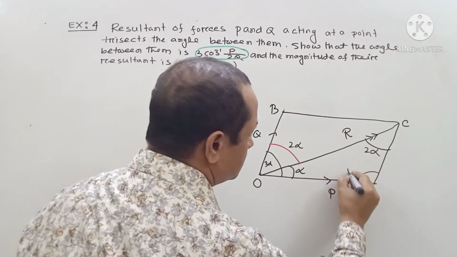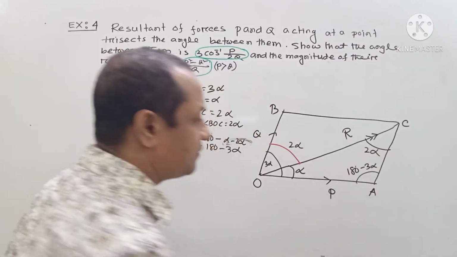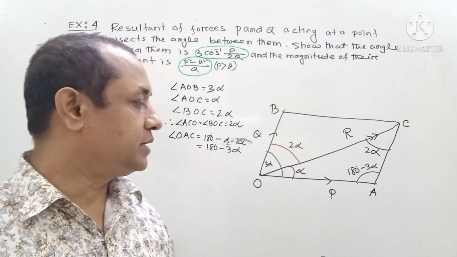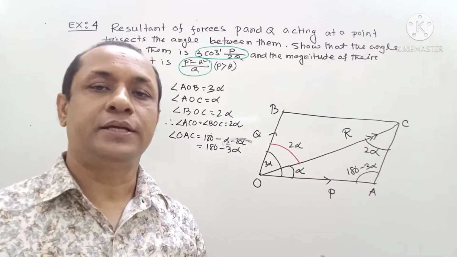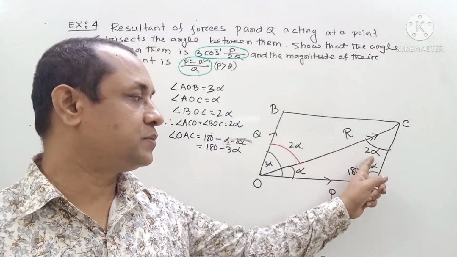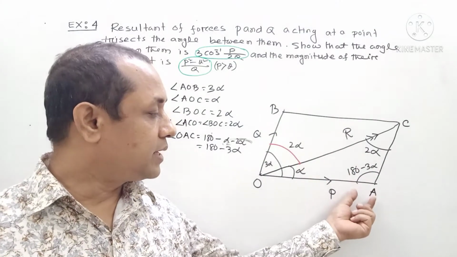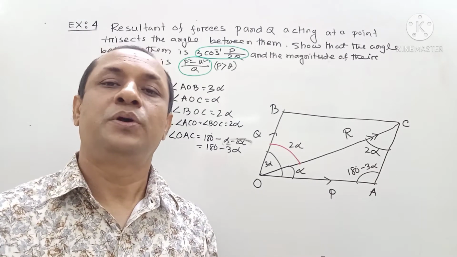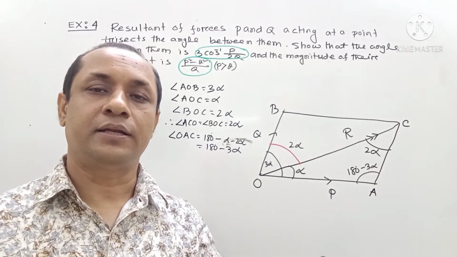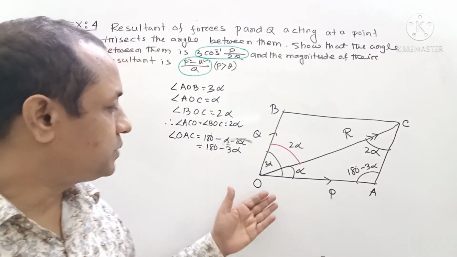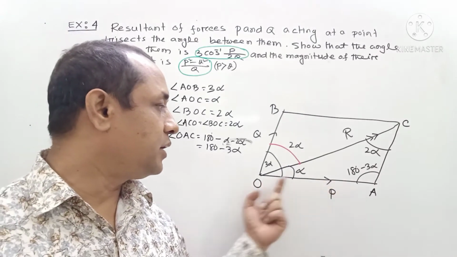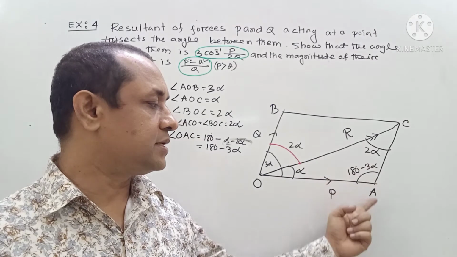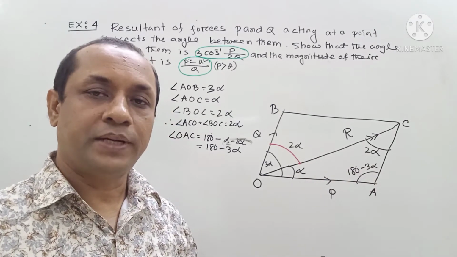We know that in triangle AOC the sum of the three angles equals 180 degrees. So in triangle AOC, angle AOC is alpha, ACO is twice alpha, and OAC equals 180 degrees minus 3 alpha.